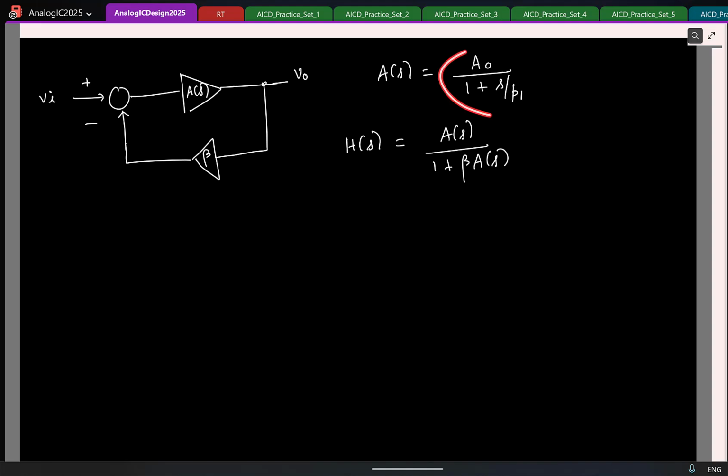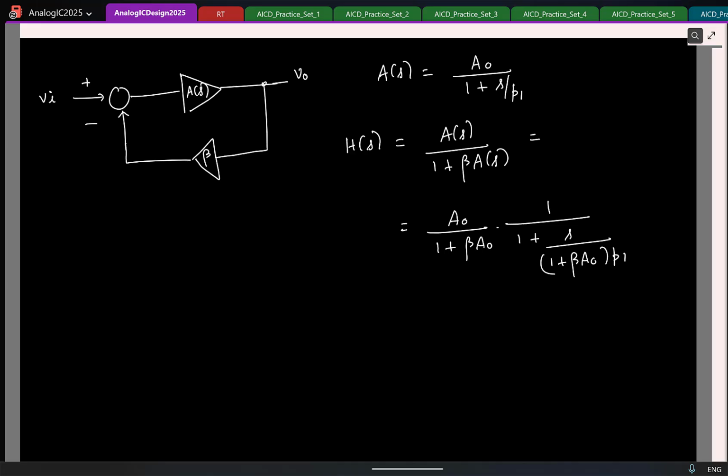Now you can substitute the value for A of S here and do the calculation. It will come out like this. So A naught by 1 plus beta A naught, times 1 by 1 plus S by something like this. You can do the calculation, but this is what you get.